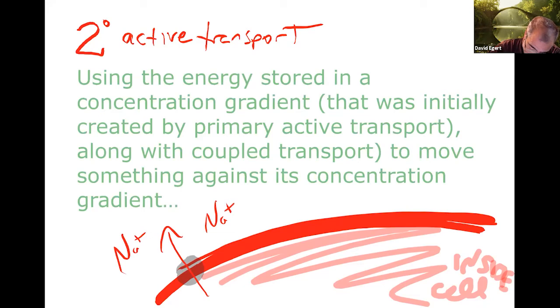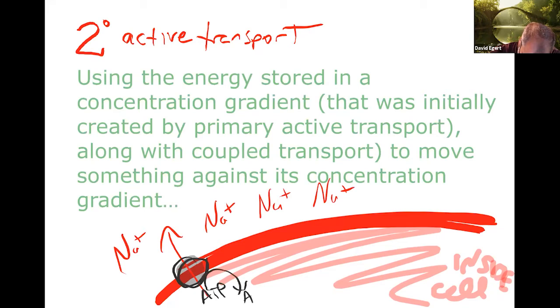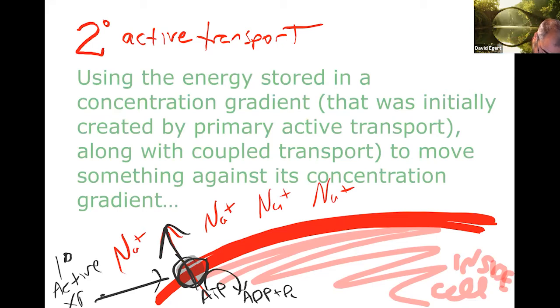So there's lots of sodium now outside. And this pump is being driven by ATP. So this is going to be an example of primary active transport. And it is setting up a concentration gradient. It's setting up a situation where there's a lot more sodium outside than inside.